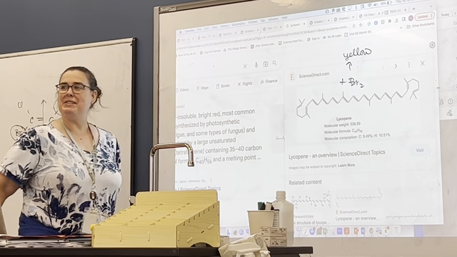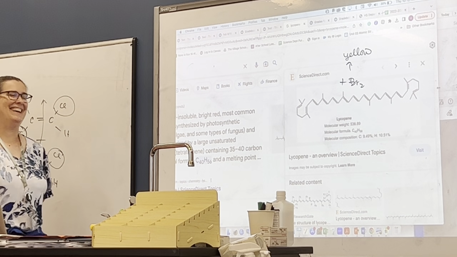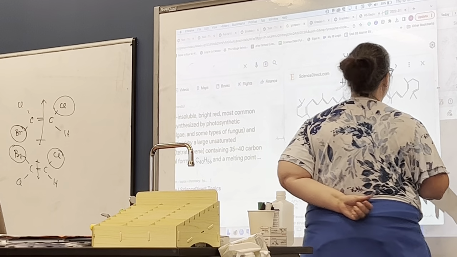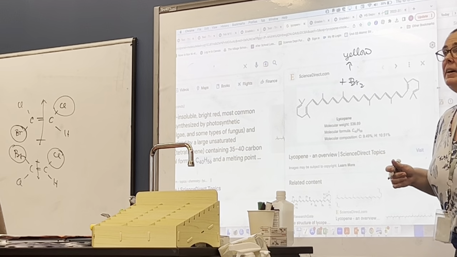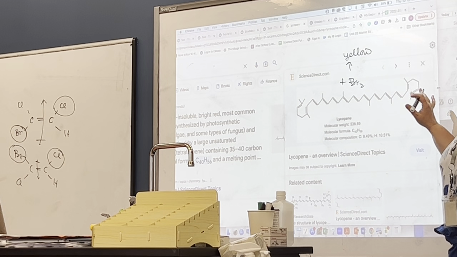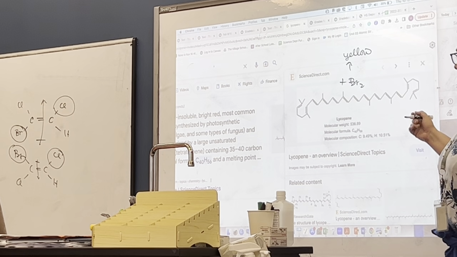Could you explain that to me? Not pH. An addition reaction is going to occur. This is a whole bunch of double bonds, so it undergoes addition. What is addition going to do? It's going to saturate it.